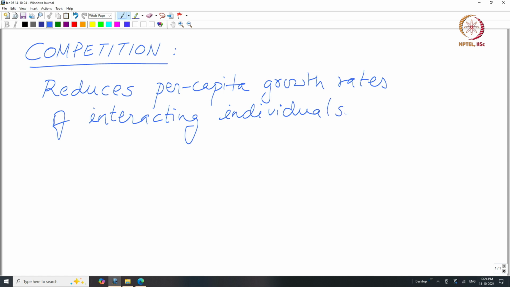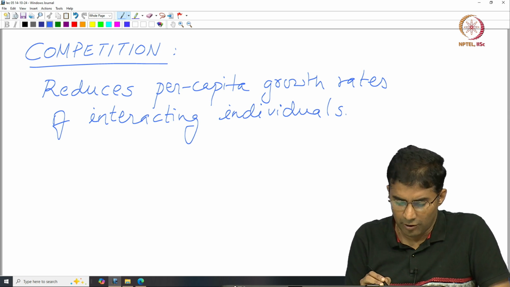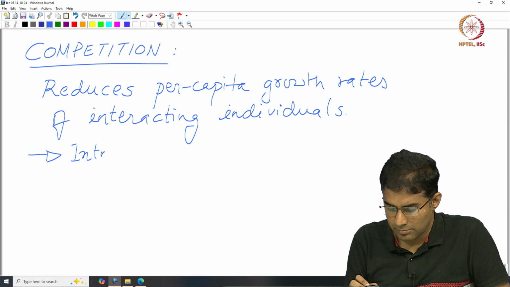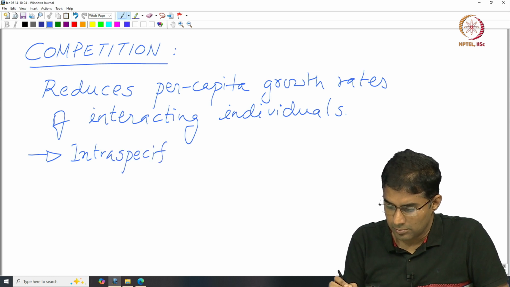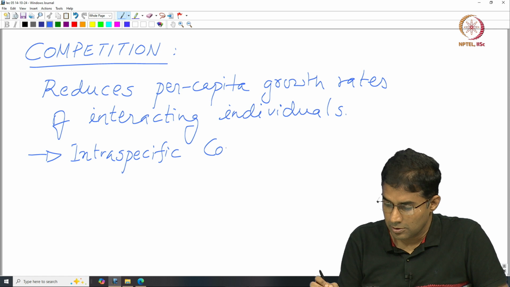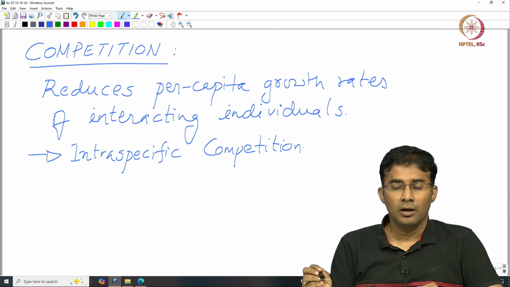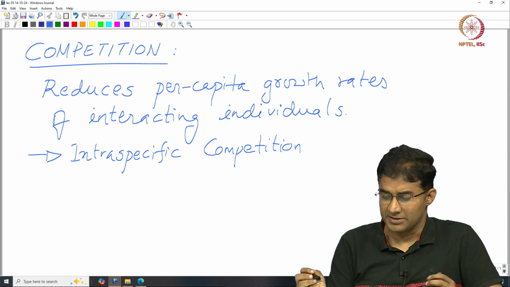Of course, we already looked at one form of competition, which is intra-specific competition, which is the competition within a single species.